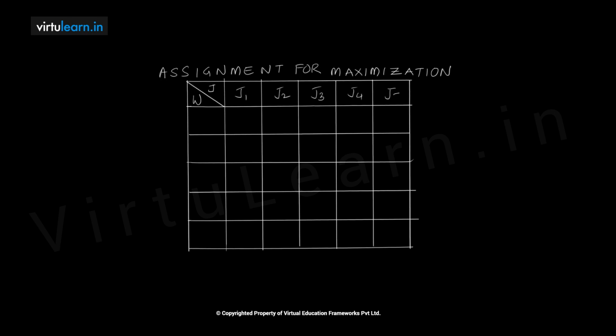After completing that, we write down the table after subtracting. Then step 2 is subtracting the lowest element of each column from each element of that column.